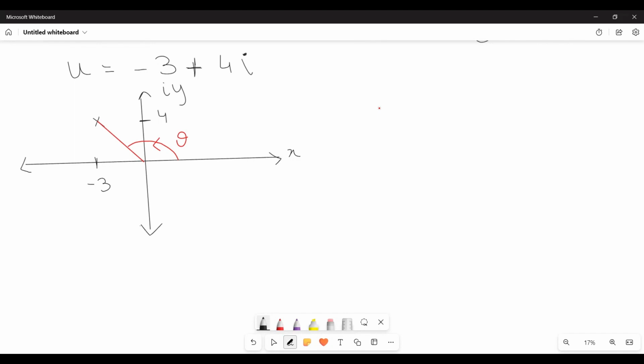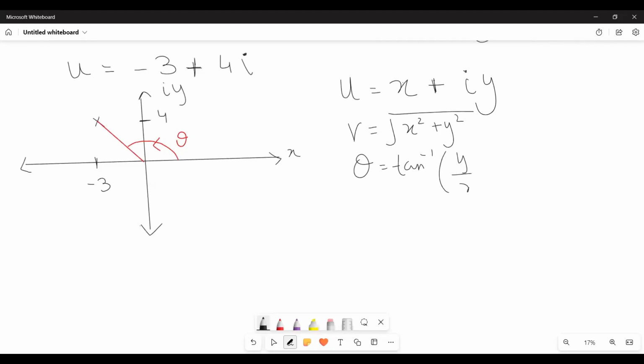Let me give you the general formula as well. If u is x plus i y, then r is Pythagoras on this, the square root of x square plus y square, and theta is tan inverse y upon x. That's the general formula.